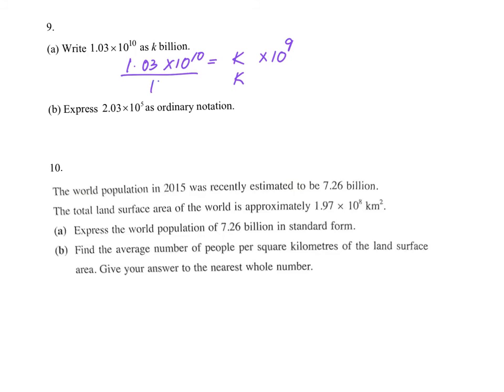The 10 to the power of 9 cancels away, left K. Then 10 to the power of 10 over 10 to the power of 9 leaves 10 to the power of 1, which is 10. So 1.03 times 10. Therefore K is 10.3 billion.